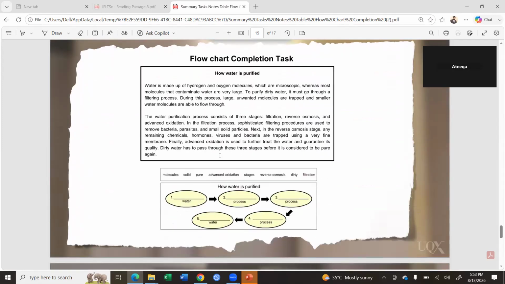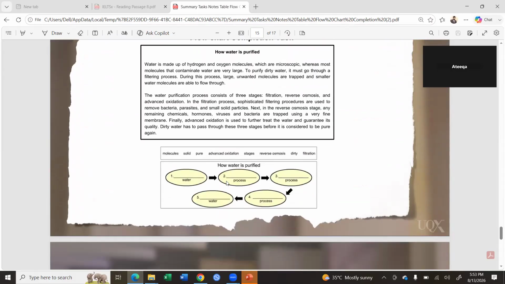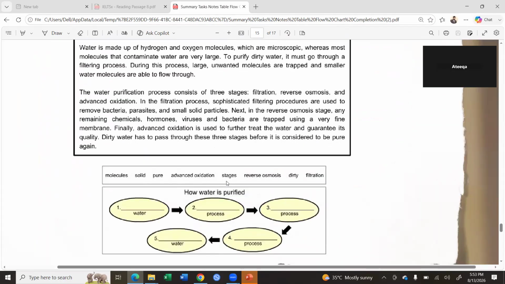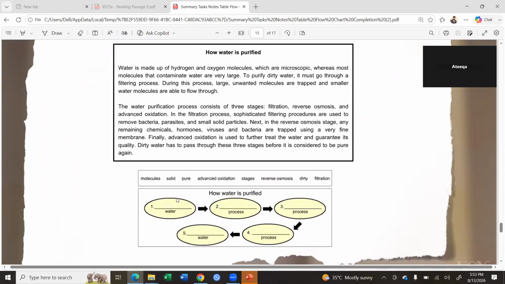Okay, now let's see the flow chart completion task. So it is easy, it's not difficult, right? Because here you have the passage, and along with the passage, you have these words: molecules, solid, paper, advanced oxidation stages, reverse osmosis, dirty, and filtration. These are the options, and then how water is purified. So here's the first blank. Then you have the process, again process, and then water.